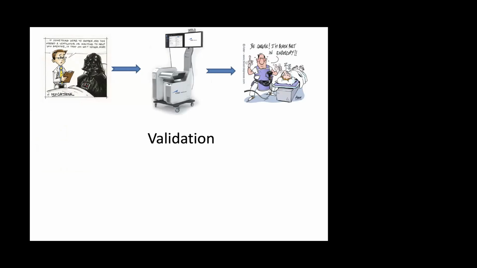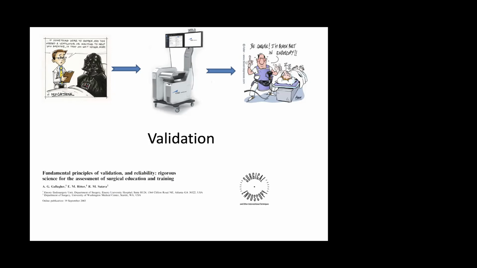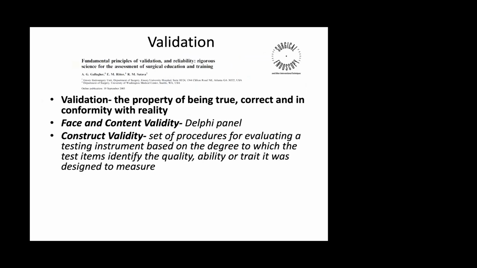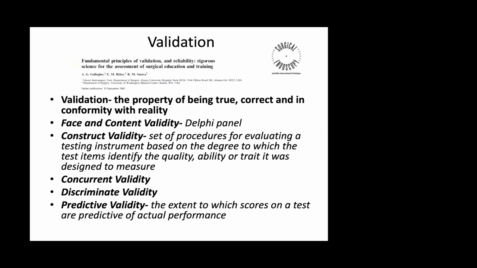So if you have a novice and an expert going on to the simulator, are they differentiated immediately? So there are principles of validation and reliability. I'll briefly go through this, but validation is the property of being true, correct, and in conformity with reality. There are lots of different types of validity. For the sake of time, we won't go through them in detail.